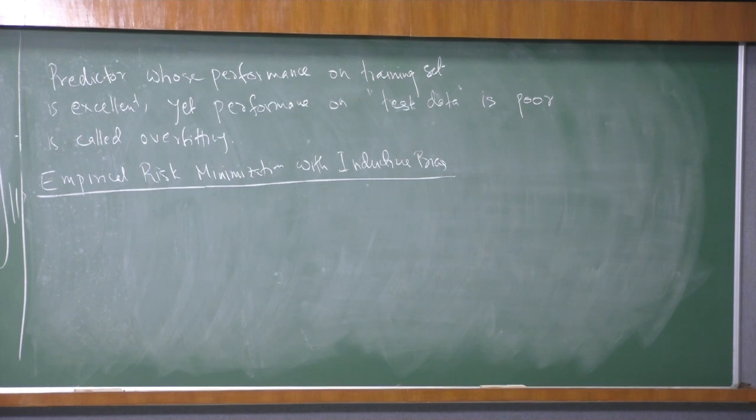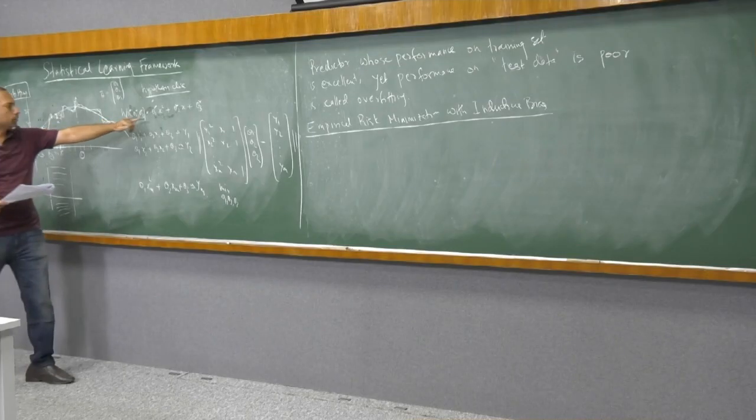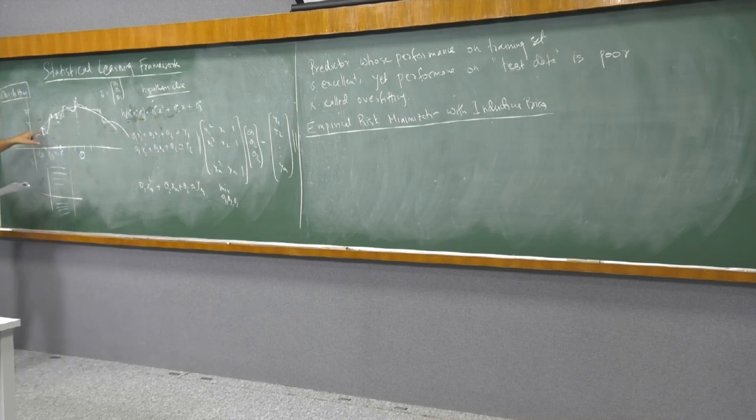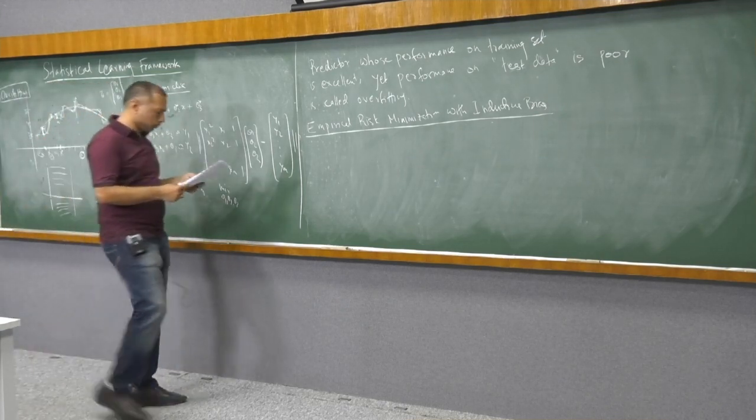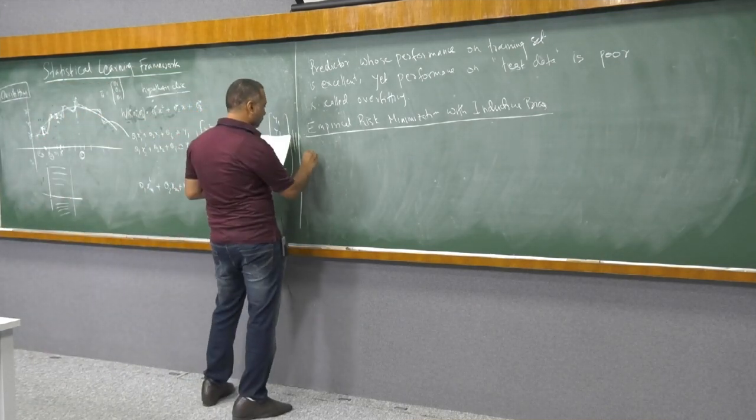So in this example, what you have seen is that the learner is choosing some template, right? In this case, the learner thought, okay, let me choose a class of polynomials, but it could have been anything. So this will be our hypothesis class, from where we are going to choose a function.